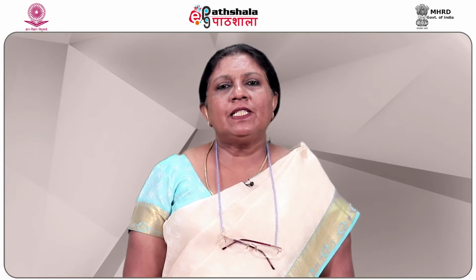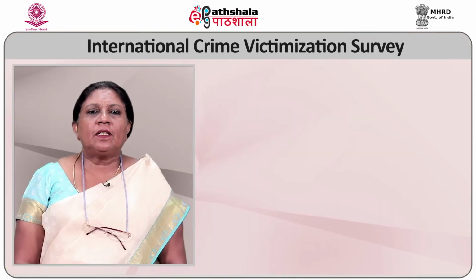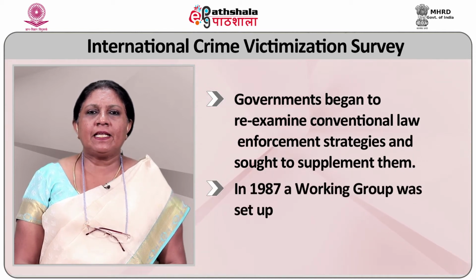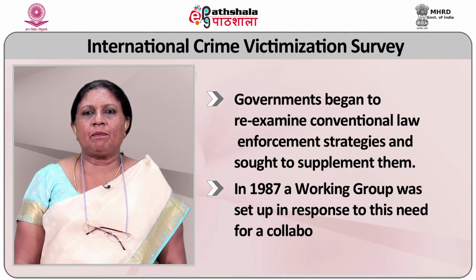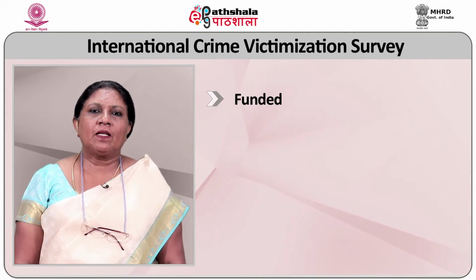Now let's move on to international crime victimization surveys again. Governments began to re-examine conventional law enforcement strategies and sought to supplement them. In 1987, a working group was set up in response to this need for a collaborative survey.